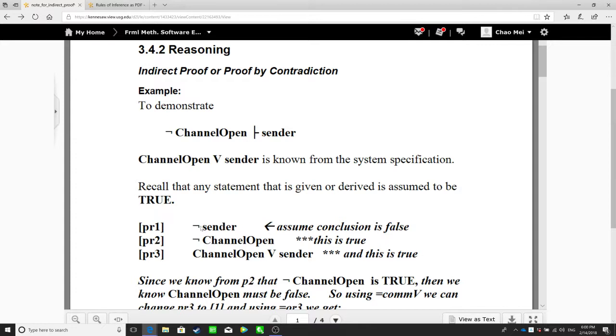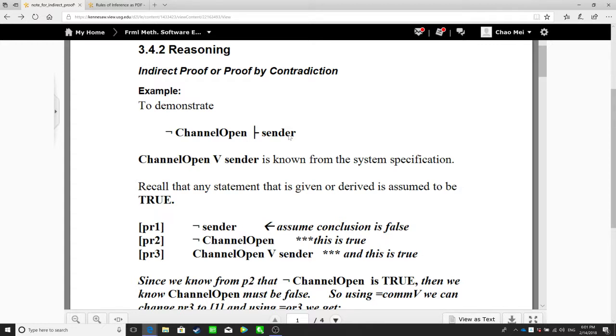However, here we also assume this conclusion is not known. We assume it's false. Okay, so we assume sender is false. So here, PR1 becomes negation sender, which is true.